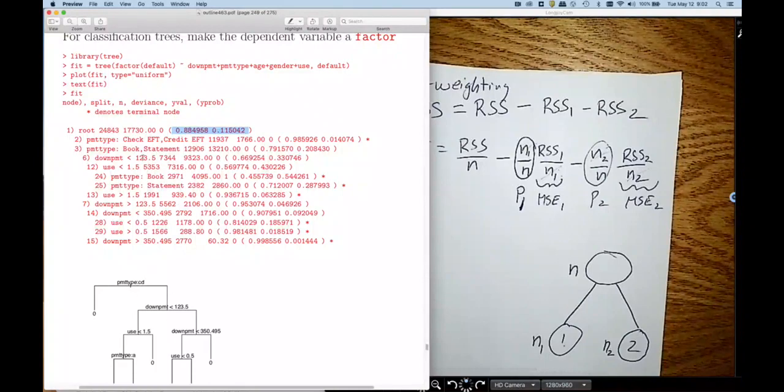On the right-hand side, we have book and statement, and what we see is that there's a very low probability if you use either of these electronic fund transfer methods. There's only a 1.4% chance that you go away. This node, by the maximum likelihood classification method, turns out to be predicted to be 0 because this probability is so small.